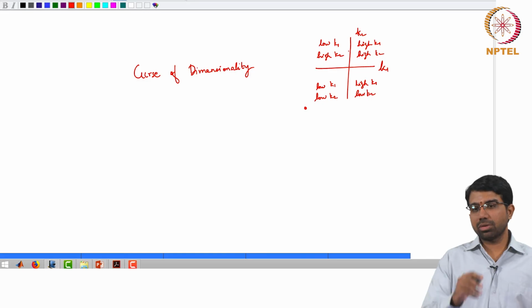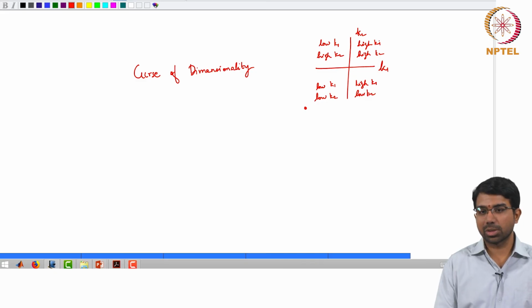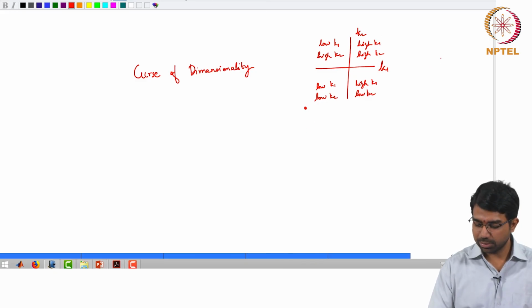To examine 4 combinations, to study a 2 parameter problem, you need at least 4 regions to explore, that is 2 to the 2.